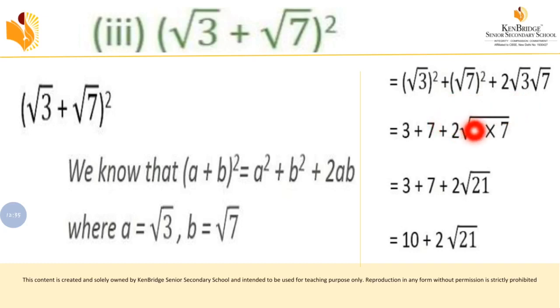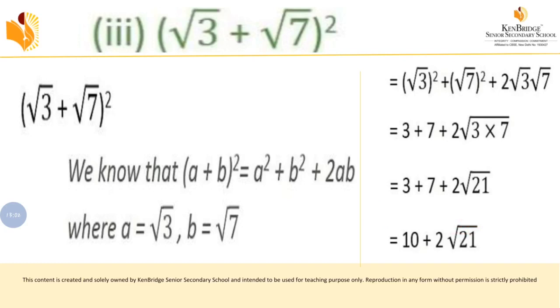So 2 into root of 3 into 7. Now 3 plus 7 will become 10. Here also you can change, but I have written it in the next step. But if you write it here also, it will not be a problem. So 3 plus 7 will become 10, and 7 3s are 21. So that's our answer. 10 plus 2 root of 21 will be the answer for this question.